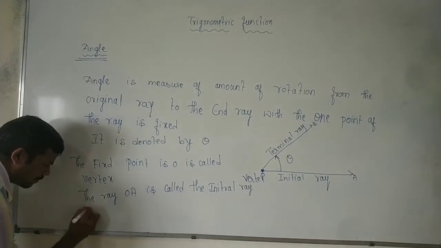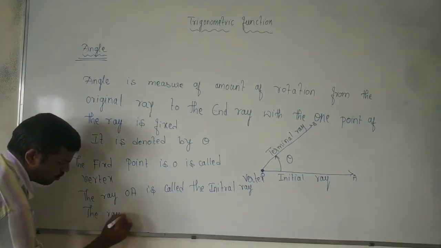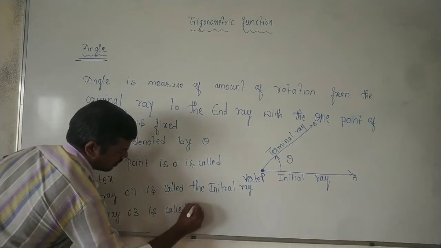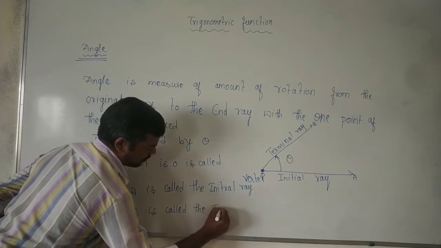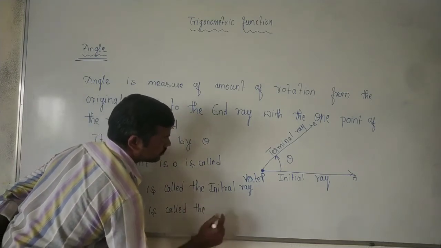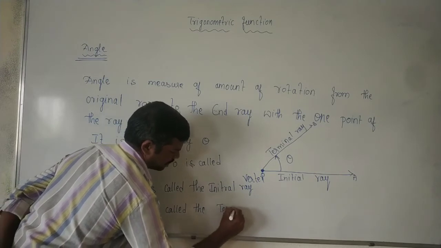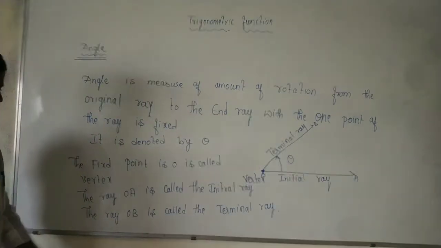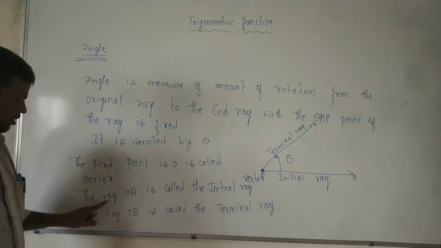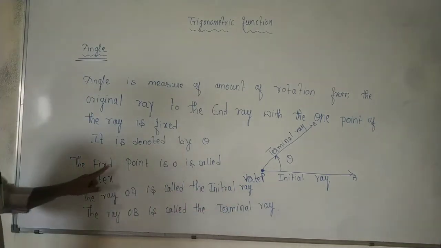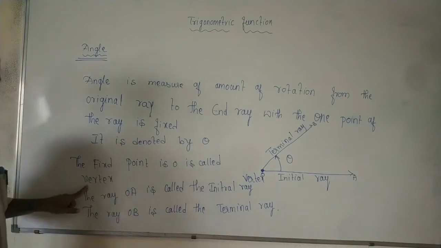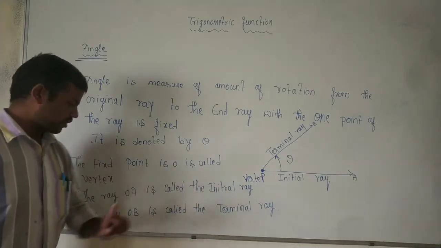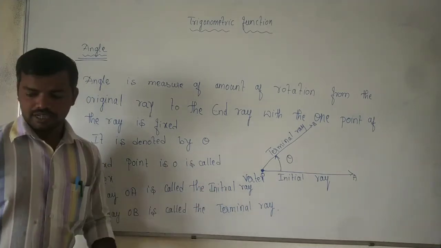The ray OB is called the terminal ray. The end ray is the terminal ray, OA is the initial ray, and the fixed point O is called the vertex. So OA is the initial ray and OB is called the terminal ray.